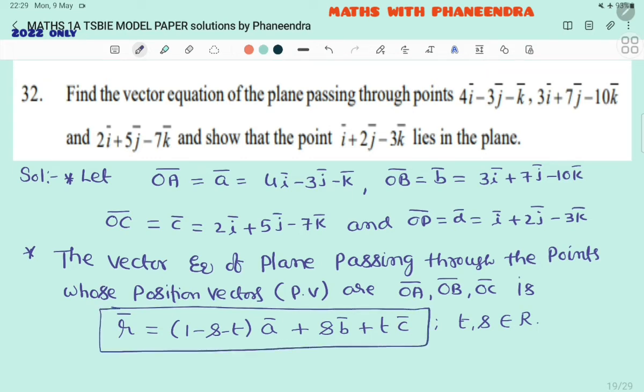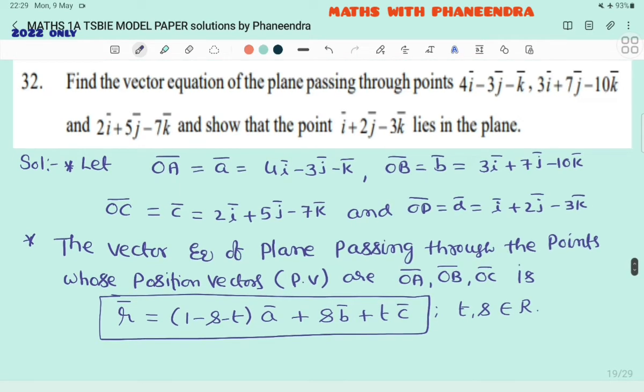In place of a bar, b bar, c bar, substitute and write the position vectors. For that, 3 marks will come.